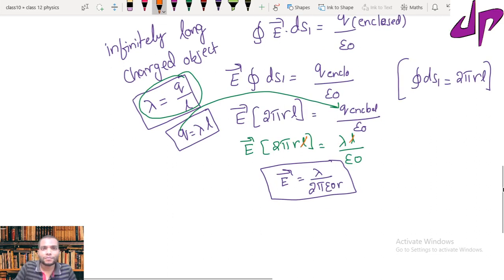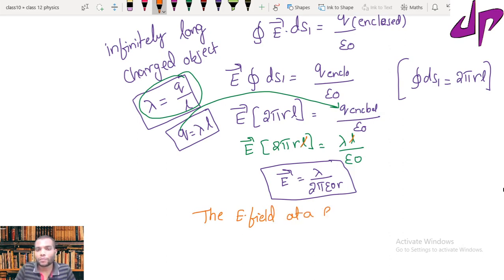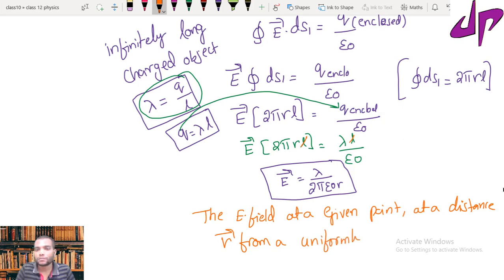The electric field at a given point at a distance R from a uniformly charged infinitely long object.